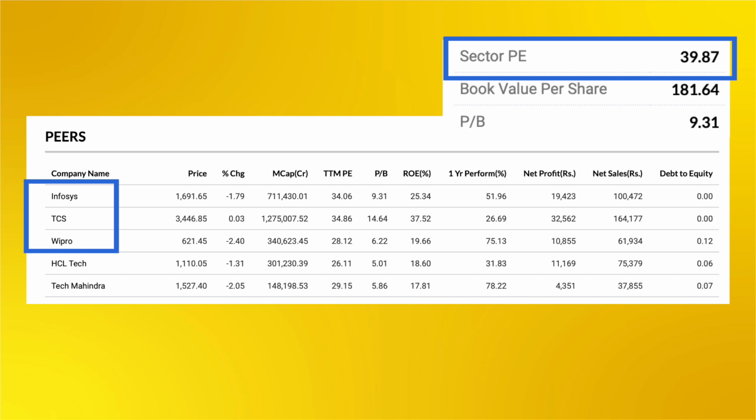But HCL Tech is a bit lower than the 30% mark of the sector PE or the industry PE. So for this company, we have to do more fundamental analysis to see what is the reason why the PE is at this level. But if you haven't understood, watch the entire part about EPS and PE ratio again. It's a very small portion. You will understand what this ratio is and how important this is for your analysis.